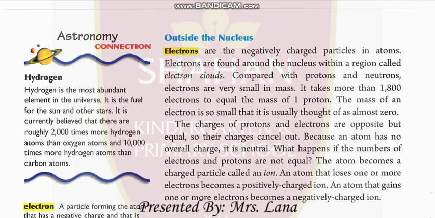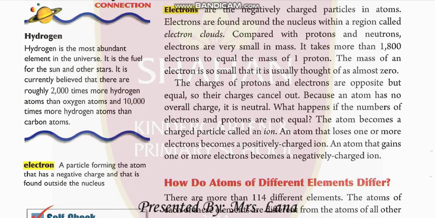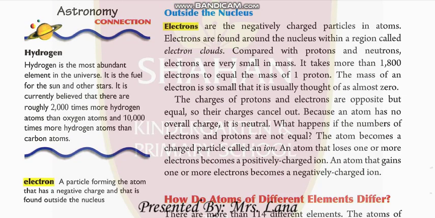I said inside the nucleus we have protons and neutrons, but outside the nucleus, around it, we have electrons, which are negatively charged particles, and they are found around the nucleus within a region called the electron cloud. Compared with protons and neutrons, electrons are very small in mass.